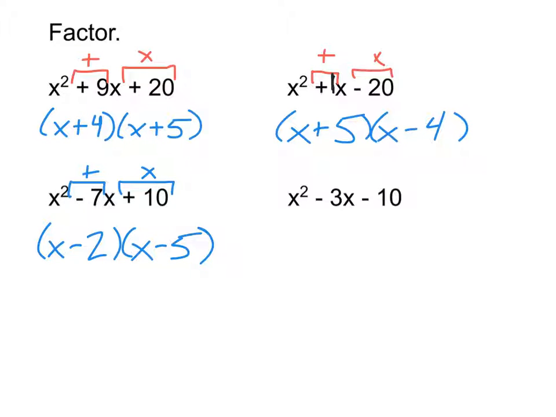And so the one below it here, x squared minus 3x minus 10, ends up being approached somewhat similarly. Because again, notice we're multiplying to a negative. And so if I'm going to multiply to a negative, that means I have to have one plus and one minus. Okay? Well, again, 5 and 2 jump out to me. Are the 5 and 2 helpful this time?